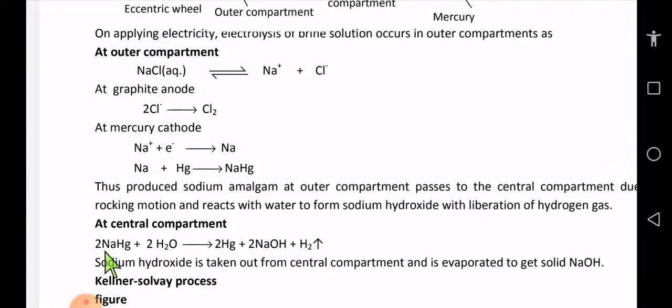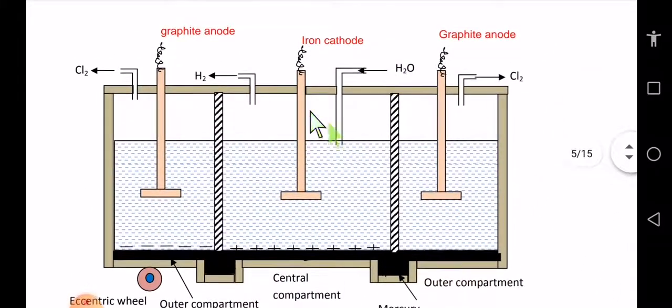Sodium always combines with water to give NaOH and H2. Thus, the central compartment now contains aqueous NaOH solution.